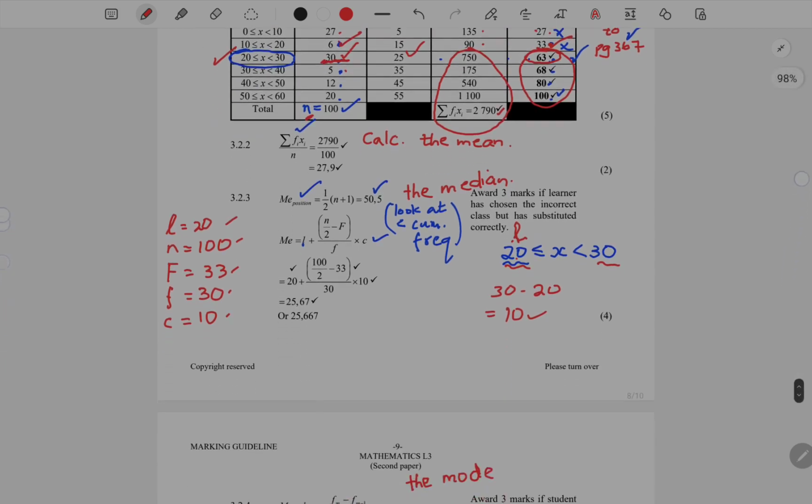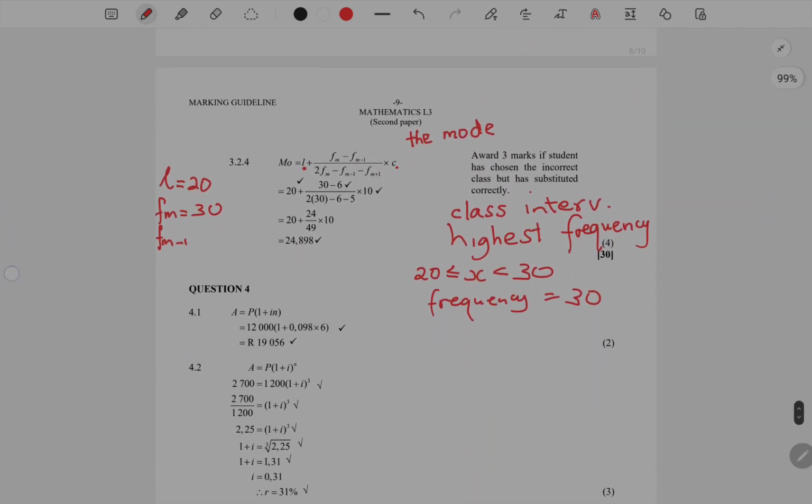Then we substitute 6. And then we've got Fm plus 1. What does Fm plus 1 stand for?